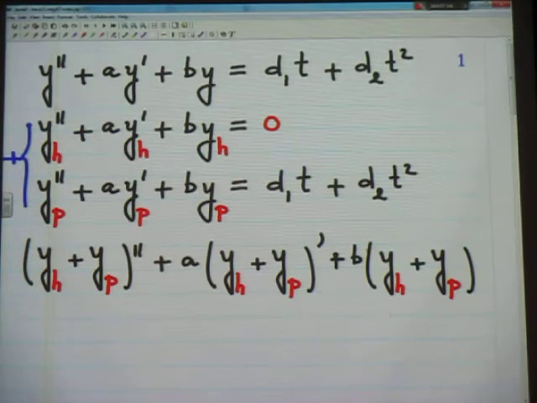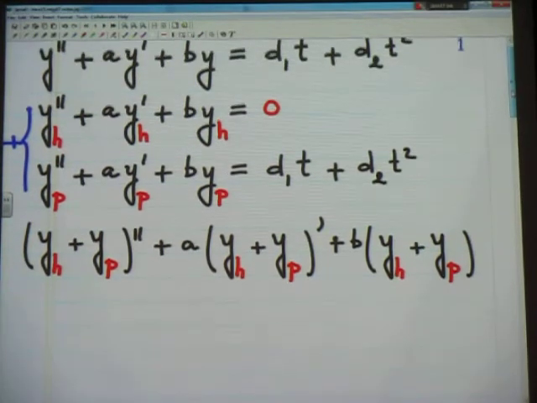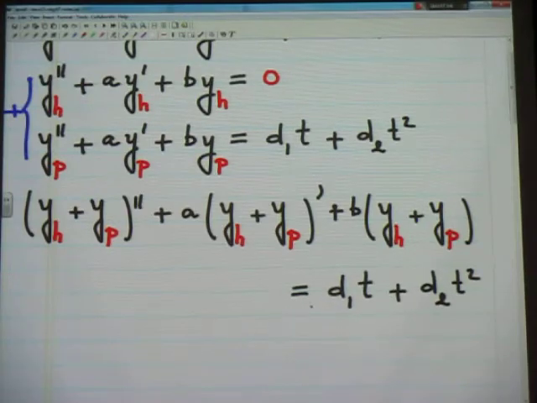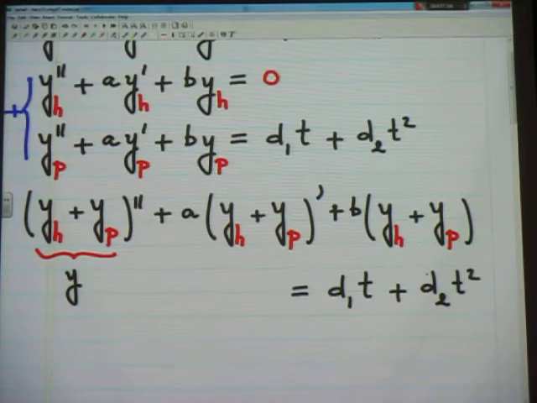And equal to the right-hand side. So the excitation is the same, and you can replace YH plus YP by Y. So Y equal to YH plus YP.